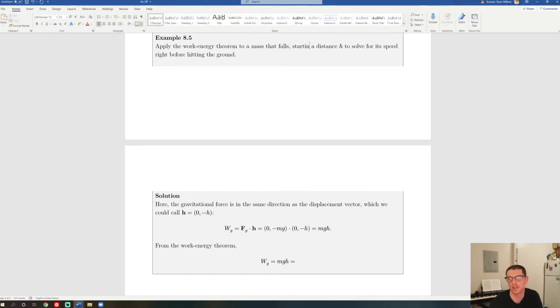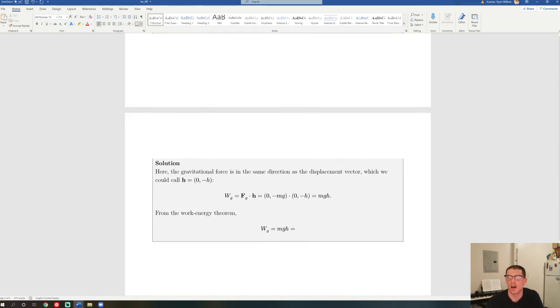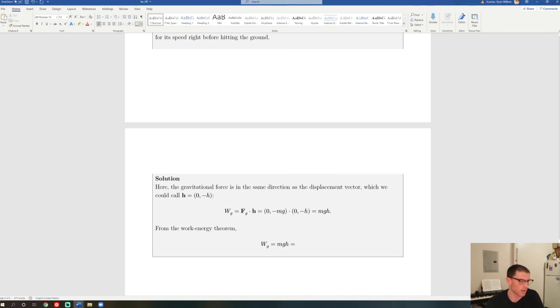So let me just put that in there. Though I think that we probably all interpreted it that way, but I just want to make sure that I'm being clear. So we find that the change in kinetic energy is just 1/2 m v sub y squared, because remember, it's starting at rest. It's dropped from some height h, and so the initial kinetic energy is 0.